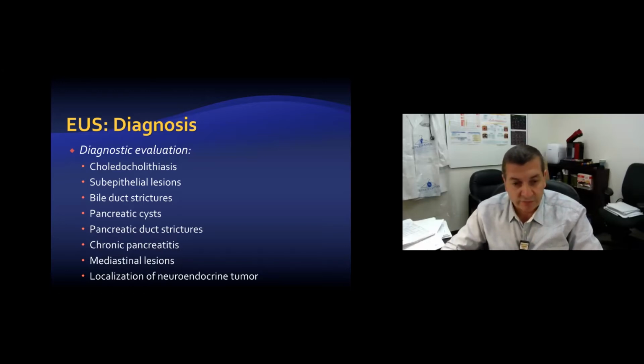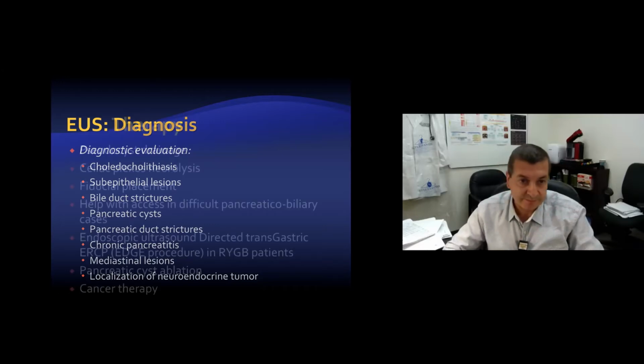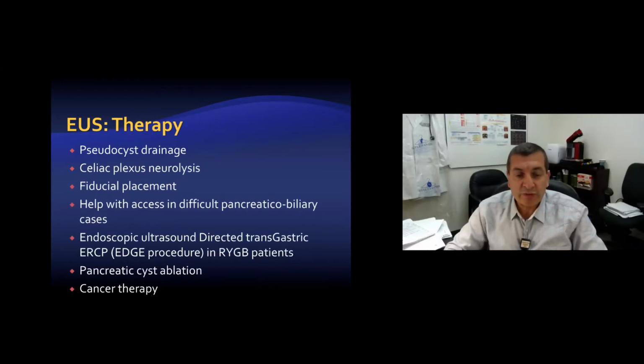It is also a useful tool to detect mediastinal lesions and for localization of neuroendocrine tumors. Now, in terms of therapy, again, the list keeps on growing, and that's one of a few of the things that the EUS can do.